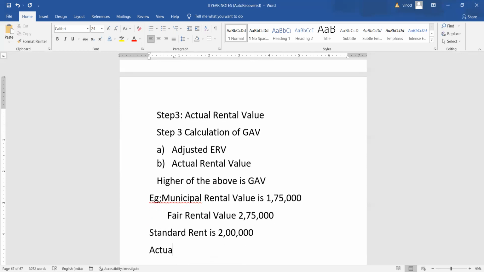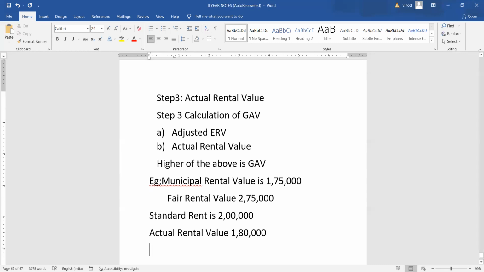Actual rental value is 1,80,000. Taxes paid 21,000.